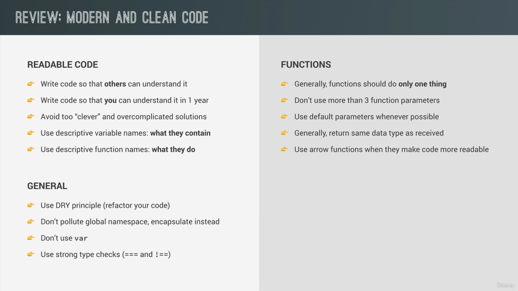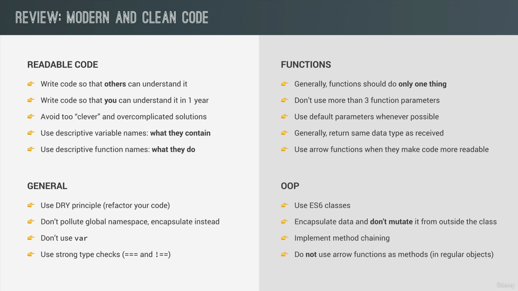And now after functions, our next topic is object-oriented programming. And in my opinion, in order to implement OOP in JavaScript, you should now use ES6 classes. And so that's also what I did after our OOP section, right?